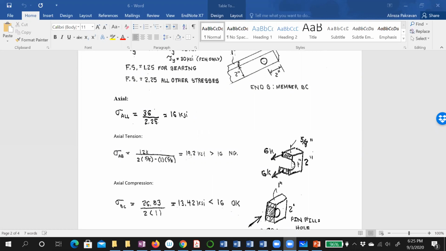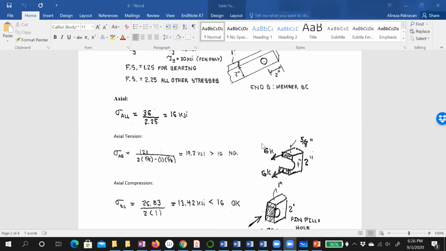And here, 2 times 5/8 minus this projection, which is 1 times 5/8. So these two pieces just contribute to the stress. So 19.2, and allowable stress is 36 divided by 2.25. The factor of safety is 16. So this tension is not good. We need to increase this cross section, right?